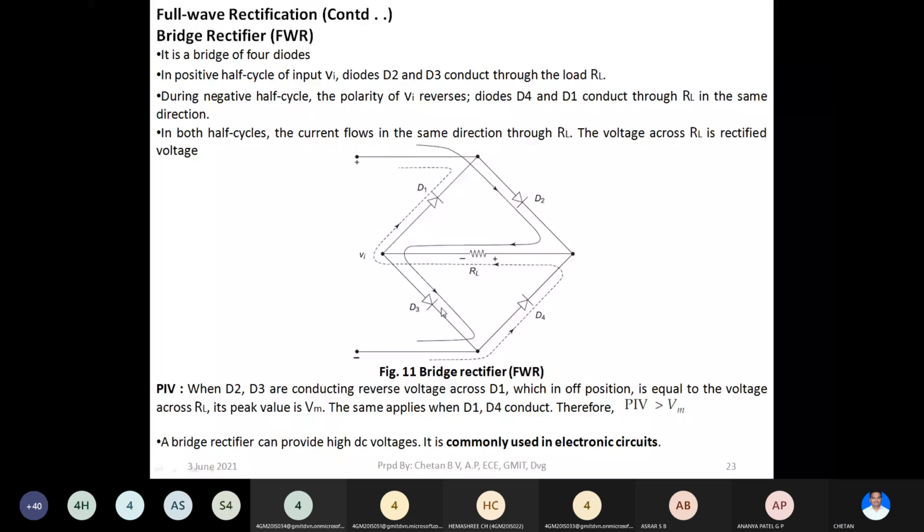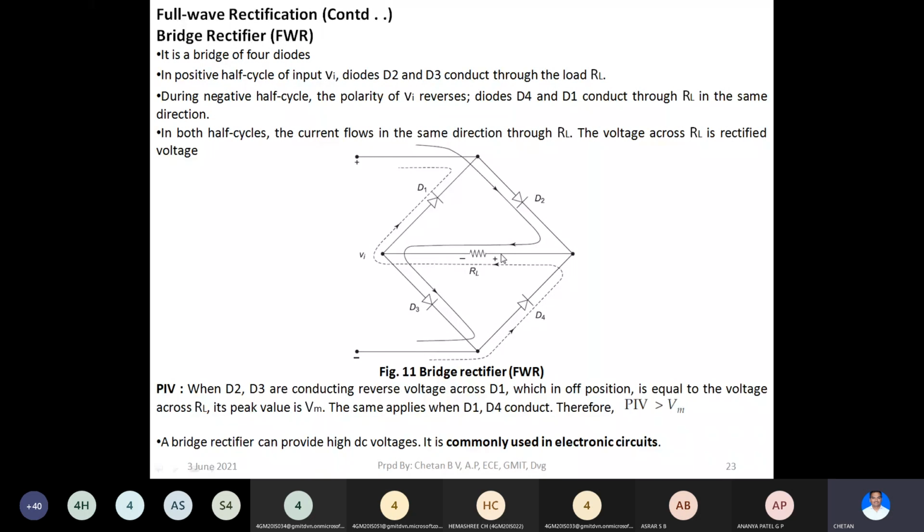Therefore, the complete voltage which is applied across this should be subtracted with Vt once and one more Vt, right? So you have to subtract from the total voltage appearing at this RL 2 Vt, because one Vt will be the voltage drop across this and the second will be here. After subtracting these two Vts, then only we get the remaining voltage as the voltage across this load RL, right?